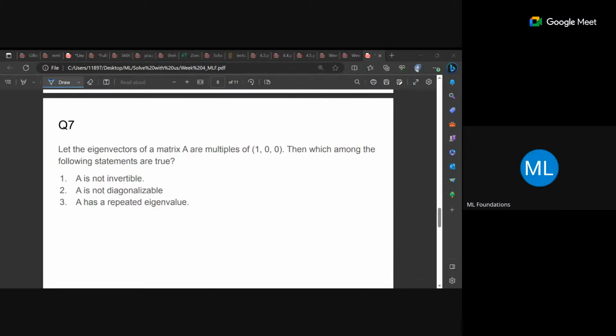So you have a 3 cross 3 matrix, and we are saying for that matrix we have eigenvectors which are just multiples of 100. Let's say if one eigenvector is 100, the other would be 200, then 300, and so on. So some multiple of 100.